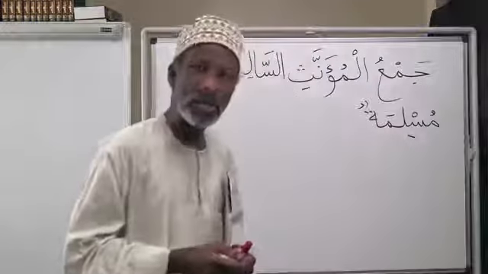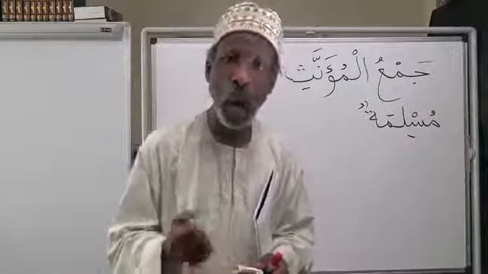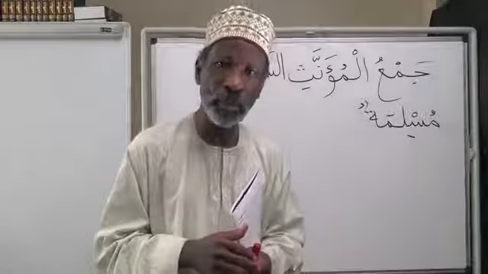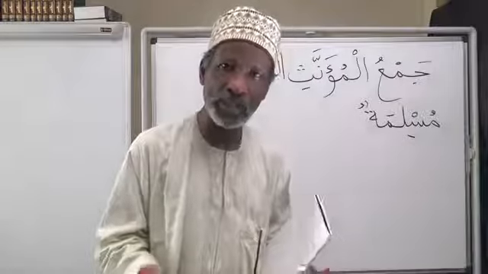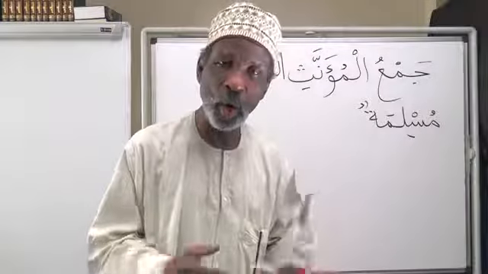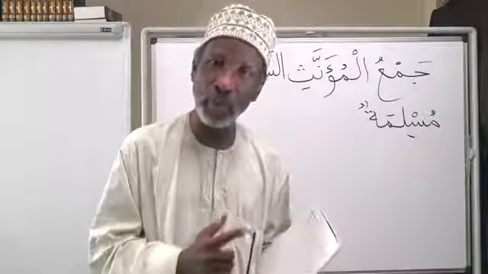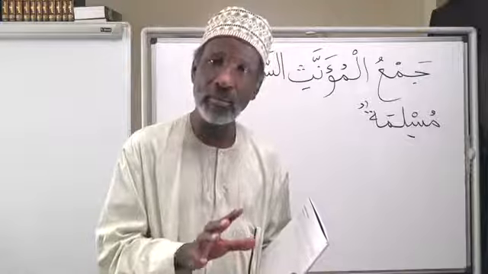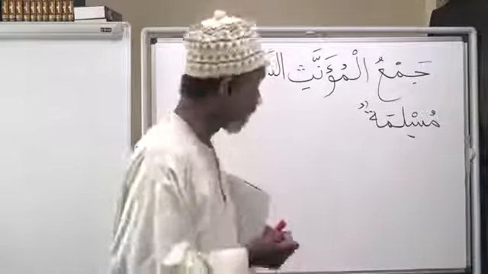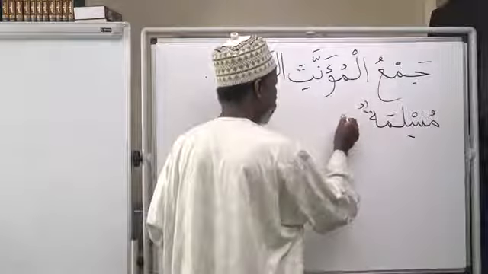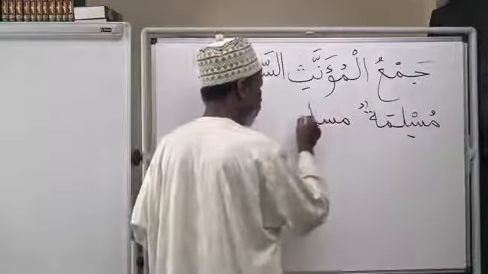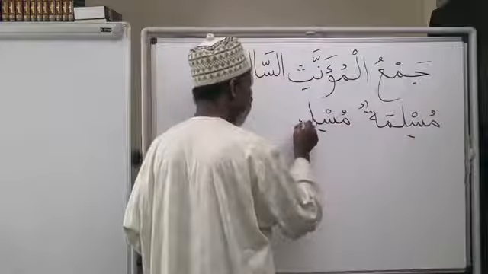That is a Muslim, a female Muslim, muslimatun. We know how to say two. That will be muslimatani or muslimataini. But the plural is a regular one, muslimatun. Let's write. So it will be muslimatun.